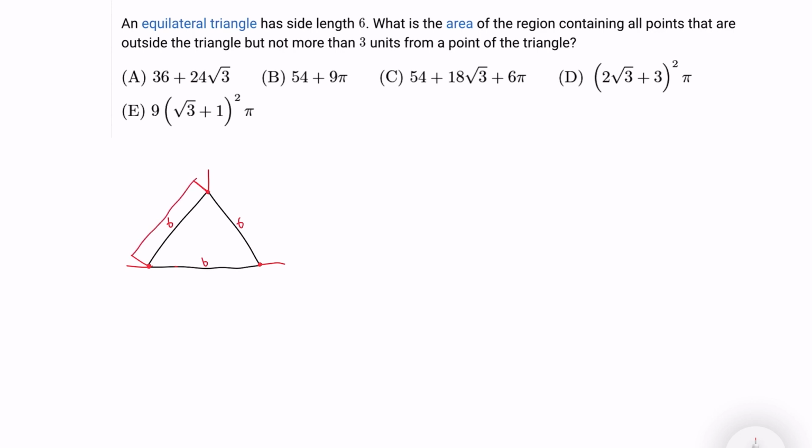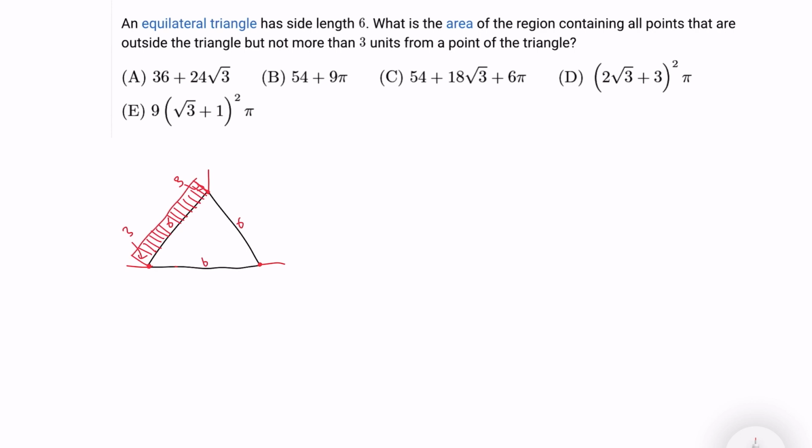So let's say this line and this line right here make up 2 sides of the rectangle that I drew, and those are 3 centimeters. So that would be a good distance from the triangle. And within this rectangle, we have all of the points that are not more than 3 units from a point of the triangle.